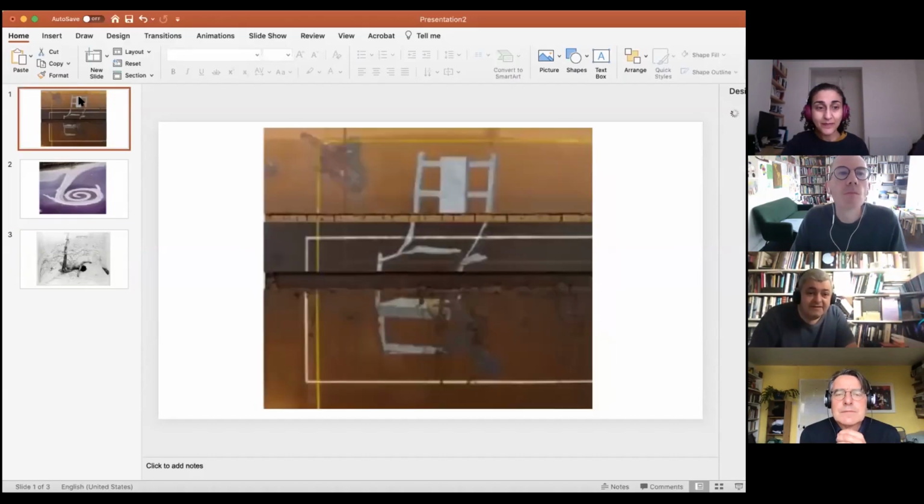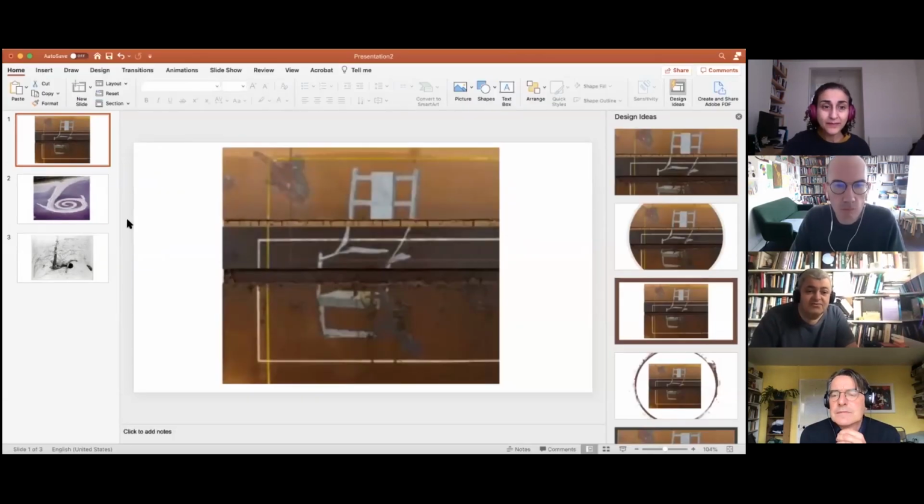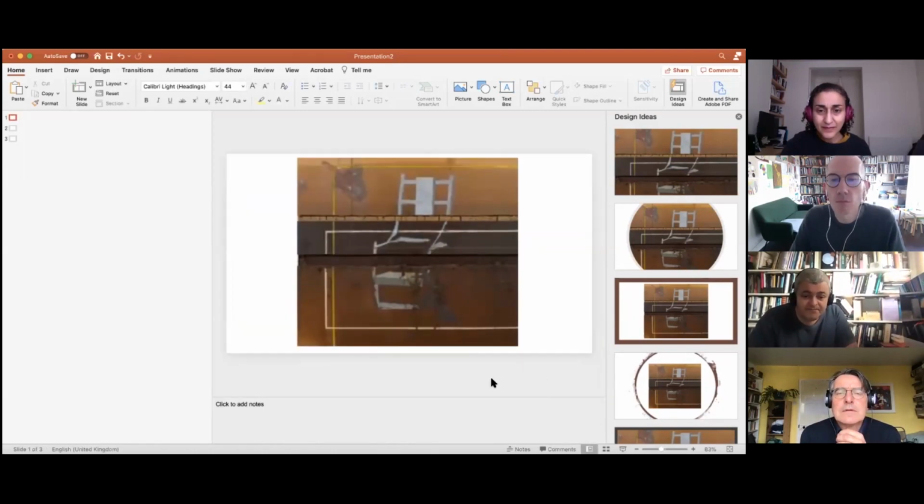Can you see that? Yes. So the first one, I didn't actually note what the title was, but I think it's called Greaser from 1976. It's by Terry Atkinson.